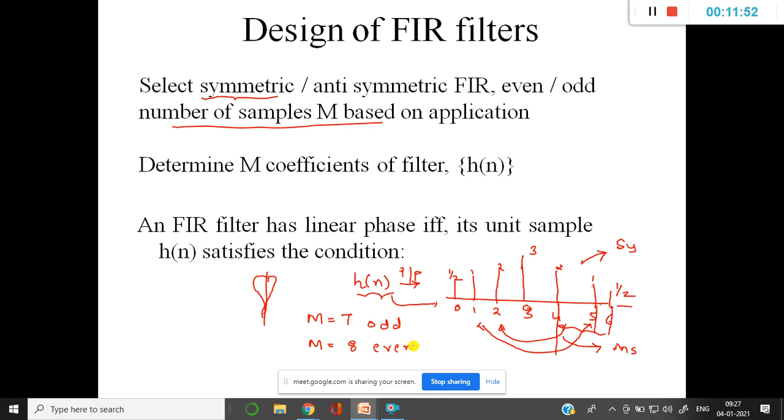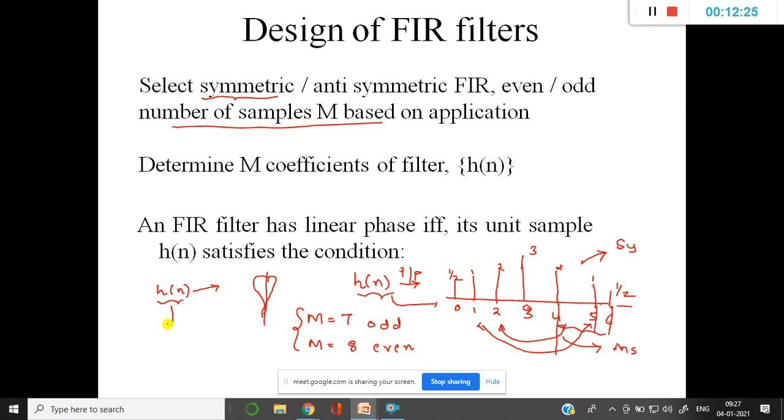So odd and symmetric, odd and antisymmetric, even and symmetric, even and antisymmetric signals may appear. For these four conditions, h of n may be a symmetric odd sequence, an antisymmetric odd sequence, a symmetric even sequence, or an antisymmetric even sequence.